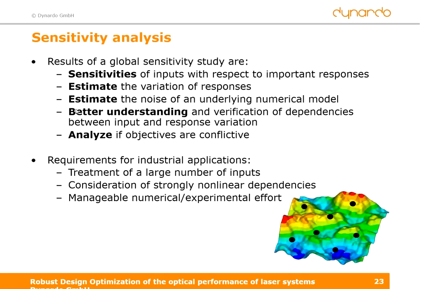Also, we can estimate the noise of the underlying model, and we will understand better and verify the dependencies between input and response variation. And of course, what is very important is to analyze if the objectives are in conflict. Yeah, the requirements for industrial applications I have already mentioned before.